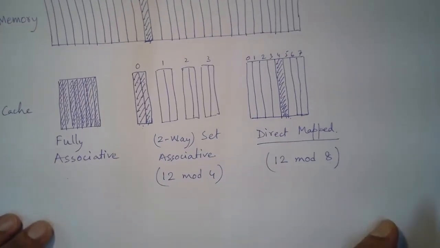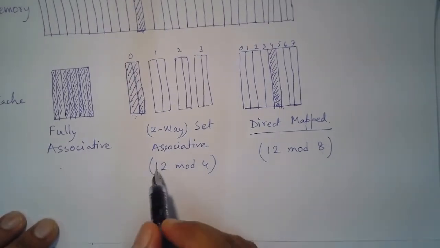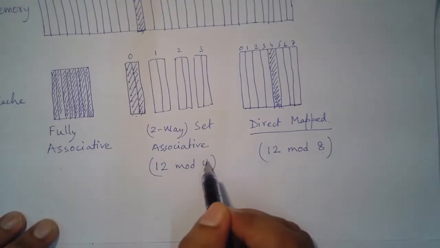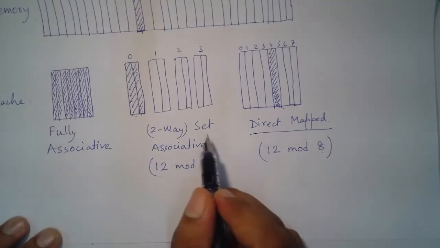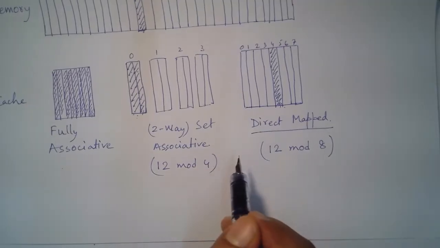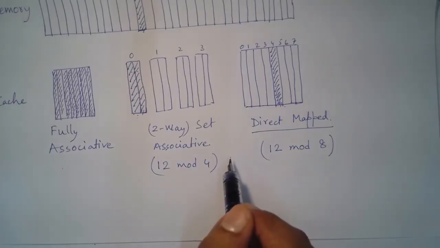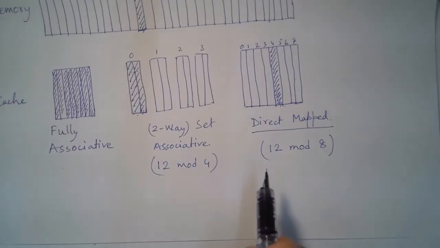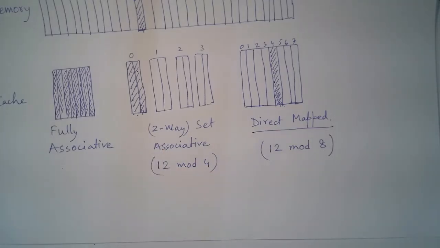Among the different block placement policies, this set associative policy is the most popular one, and you will see different set associative implementations. For example, Intel's i7 processor has an 8-way set associative cache. So basically in each set there are 8 blocks which you can replace, and so on.